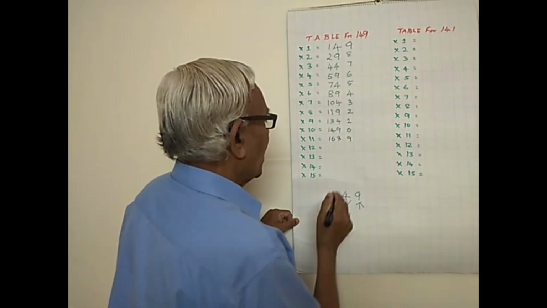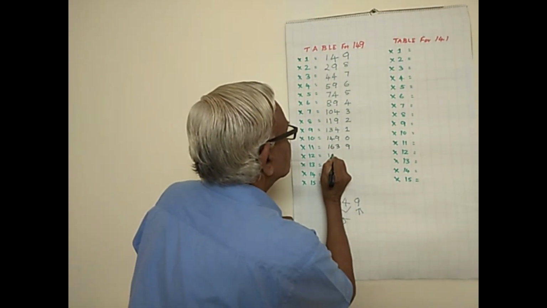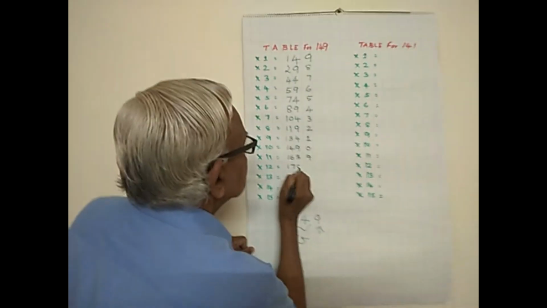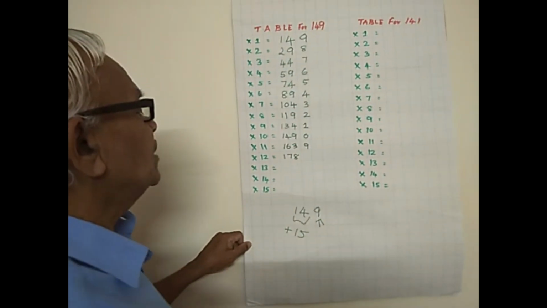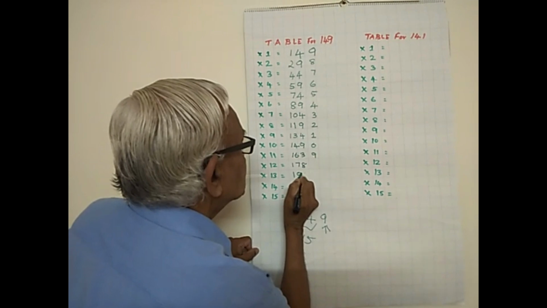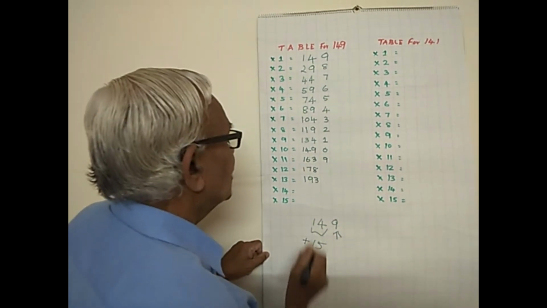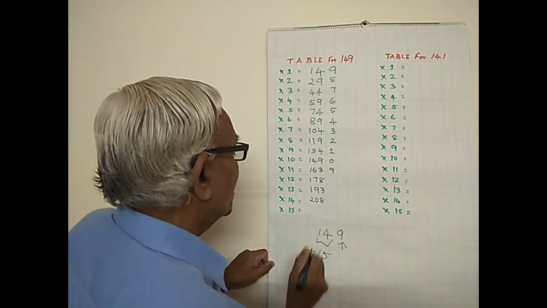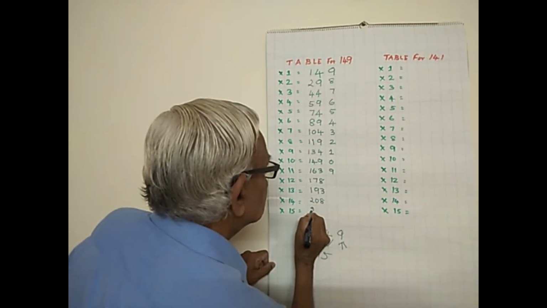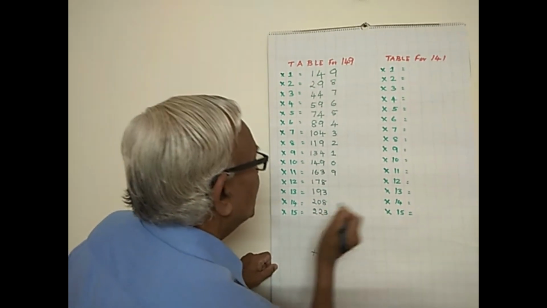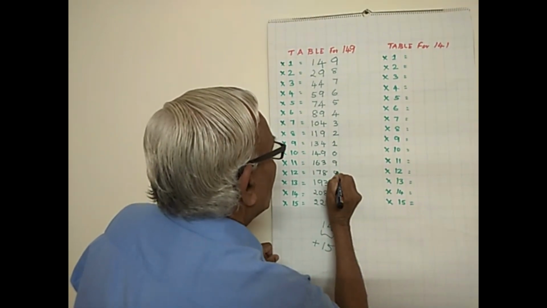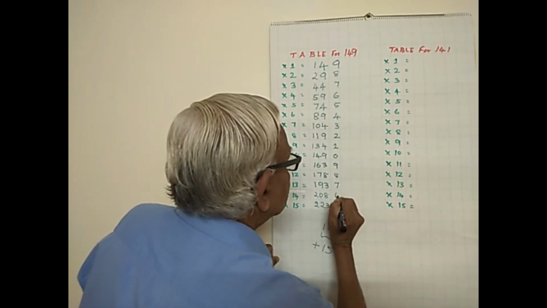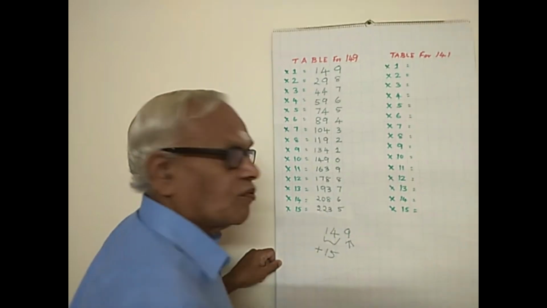Now keep on adding 15: 178, 193, 208, 223. Here the unit digits are 8, 7, 6, 5.